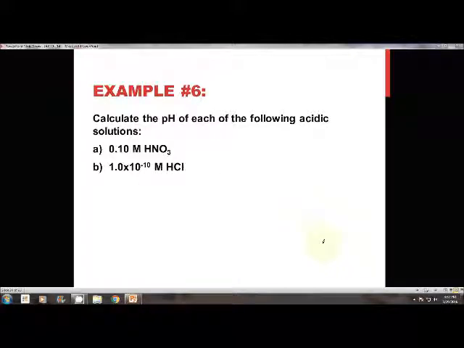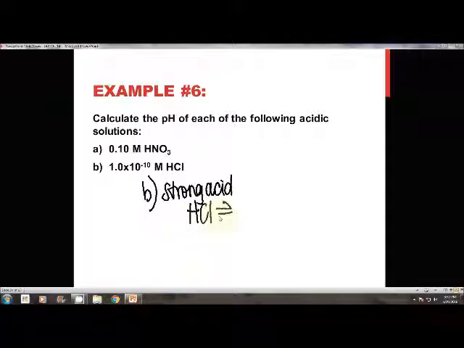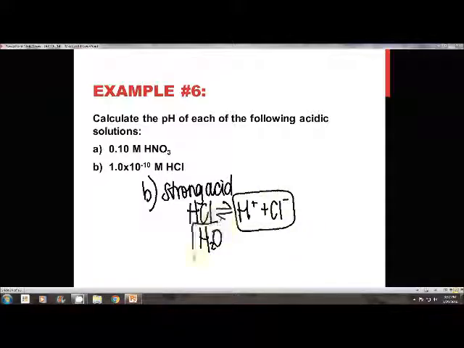So for part B, this time, hopefully you split your page in half. It is a strong acid, so it's going to go from HCl into the H plus and the Cl minus, so those will be present, right? And then water will also be present, but it's not going to break up because it's not favored.